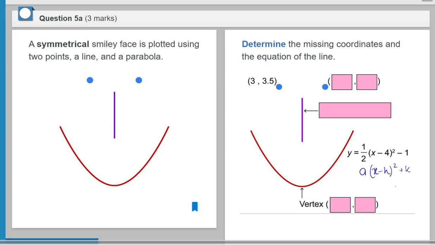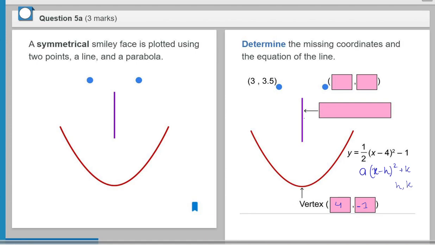And the turning point's coordinate is given as (h, k). So the opposite sign of what is inside and the same sign of what is outside. So the vertex becomes (4, -1), right? So this is the general idea.